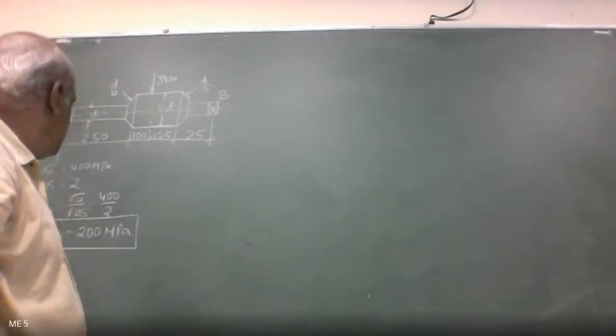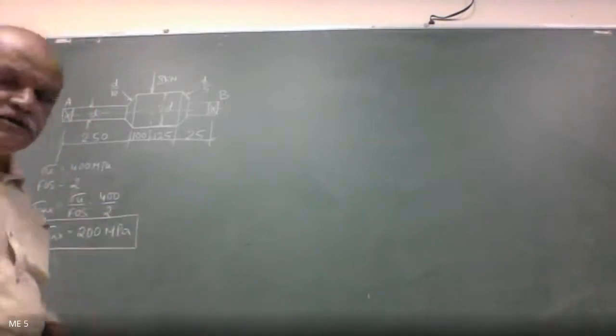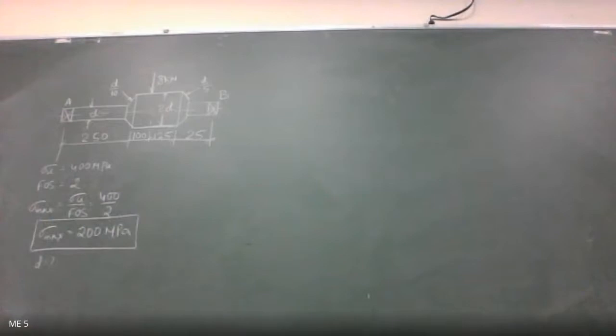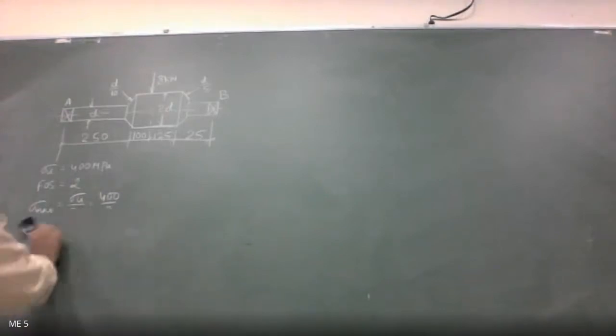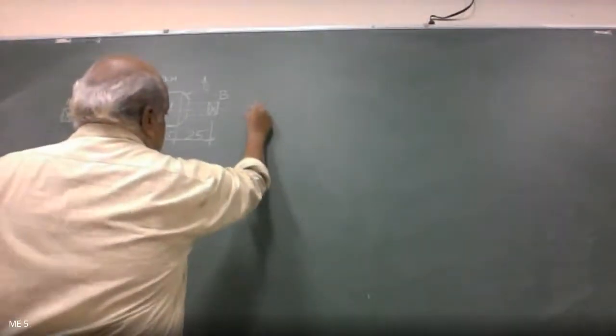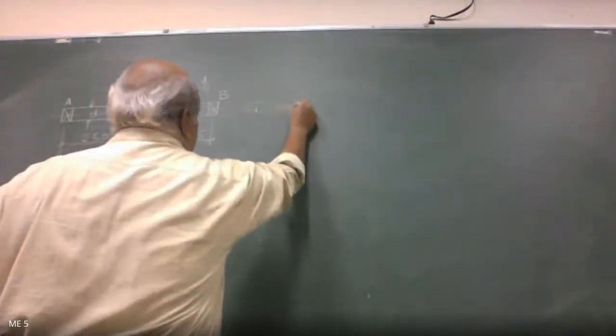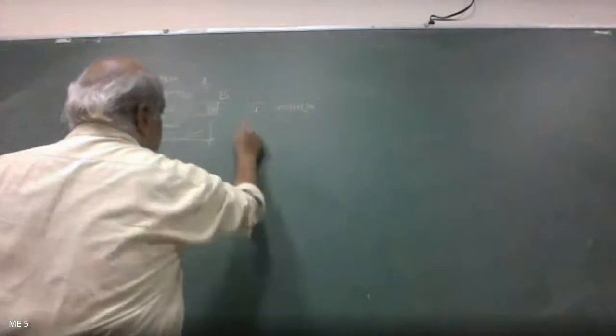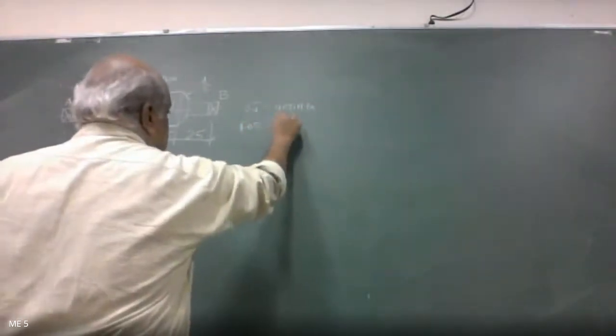Probably I'll write this on the other side. That is sigma u is equal to 400 megapascal. Factor of safety is equal to 2.